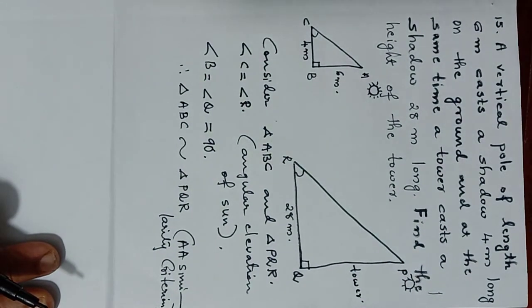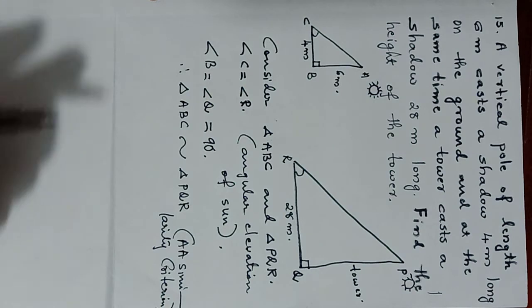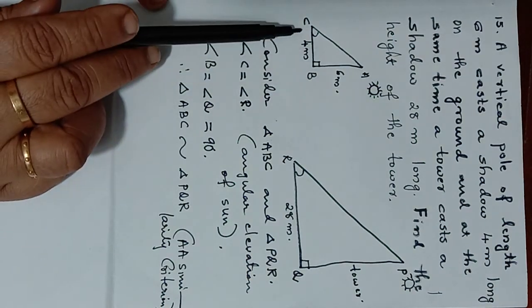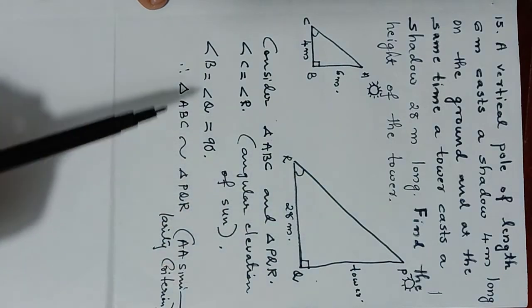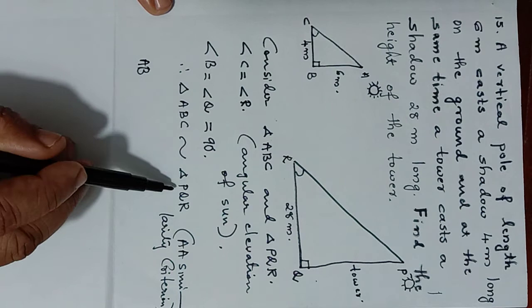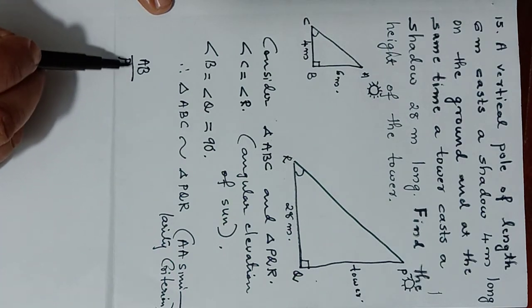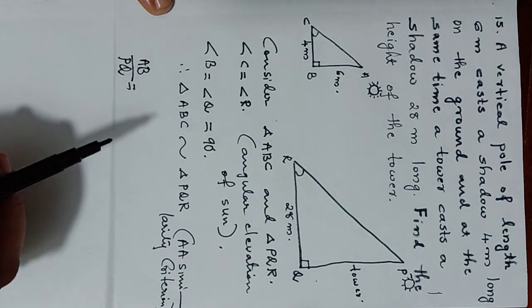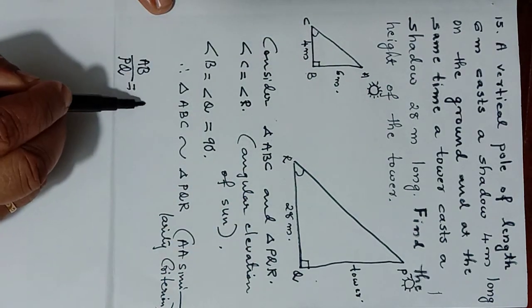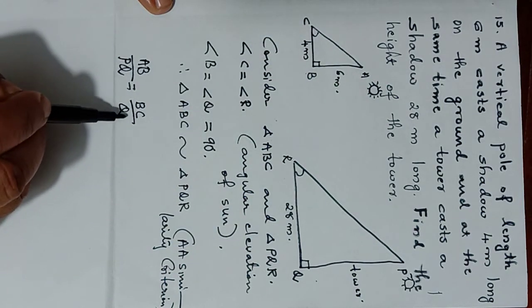If they are similar, corresponding sides are proportional. Which is the proportionality we need? AB, BC, PQ and QR only. So AB by PQ is equal to BC by QR.